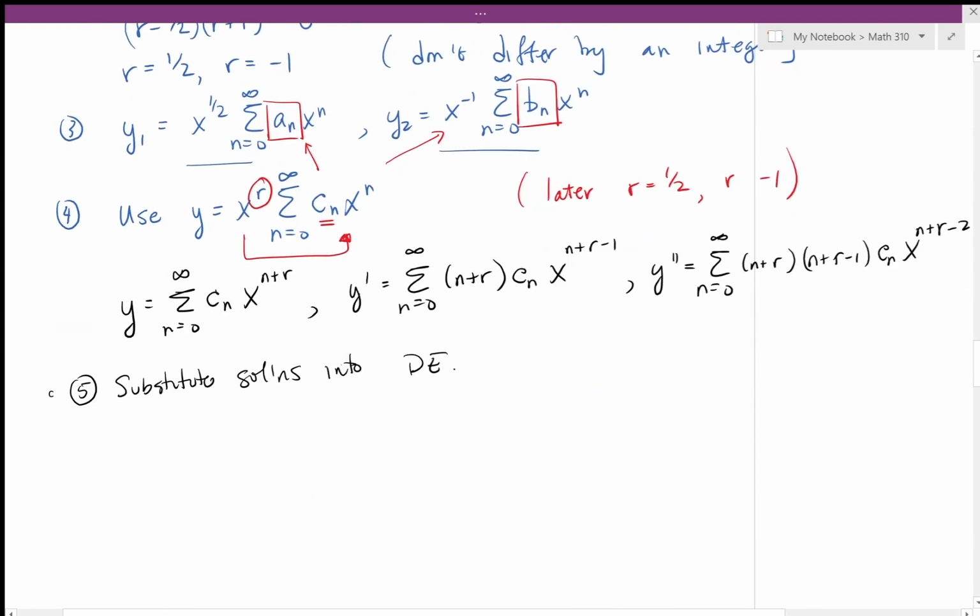And I get this thing here, 2 times the sum n equals 0 to infinity.